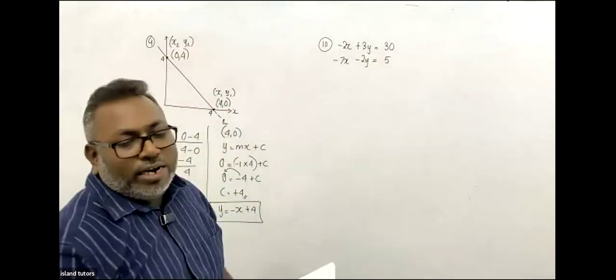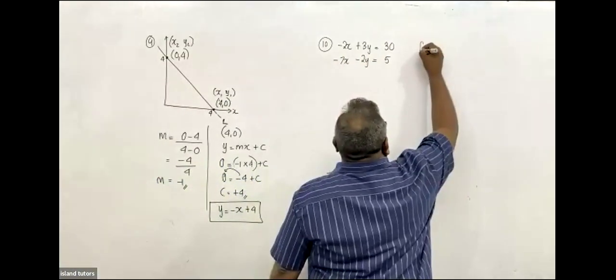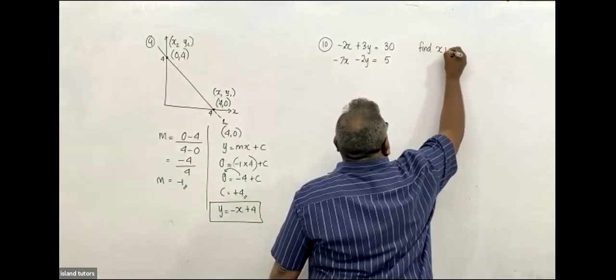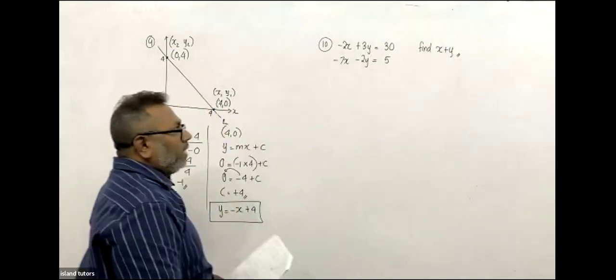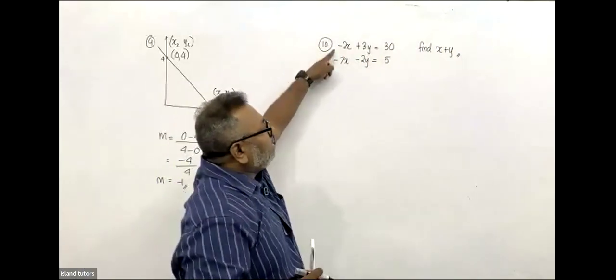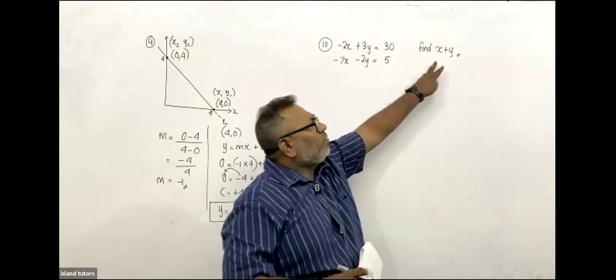They're asking you to find the value of x plus y. They're asking you to find x plus y. So here the signs are same, signs are different, but they want you to find x plus y.